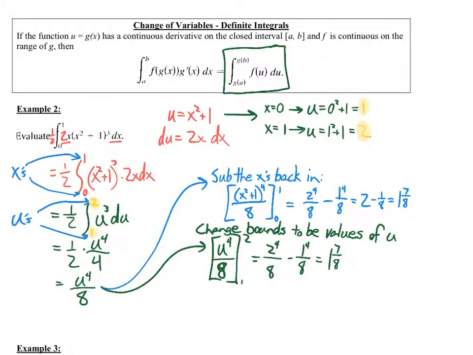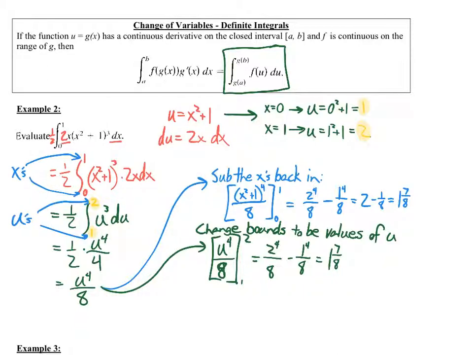Alright, so there I've highlighted where the 1 and the 2 came from. We're just changing variables completely. So the first kind where we did the U substitution, we were changing variables, but we had to change it back at the end because our answer was just an indefinite integral and we wanted it in terms of x. In this case, with the definite integrals, we don't care about what it looks like in the middle.